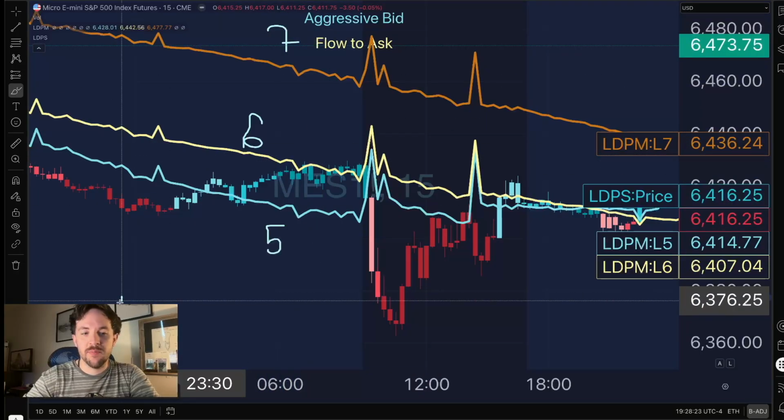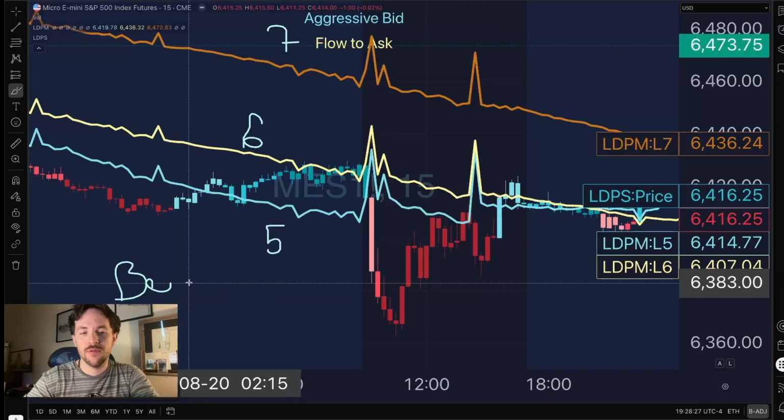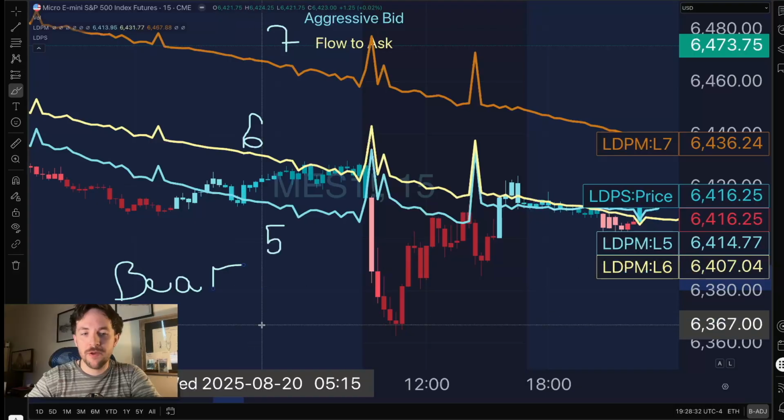This is a bearish LDPM stack. So LDPM has its own bullish and bearish stacks.